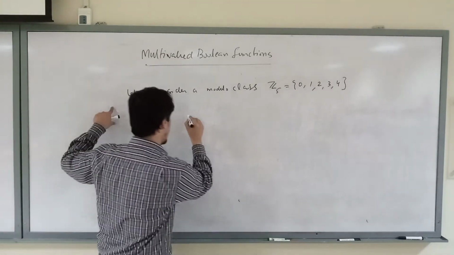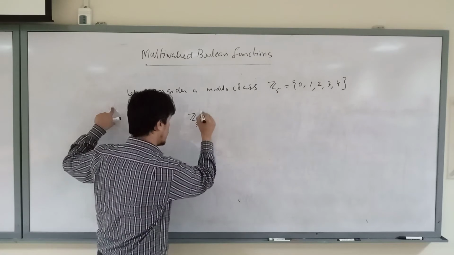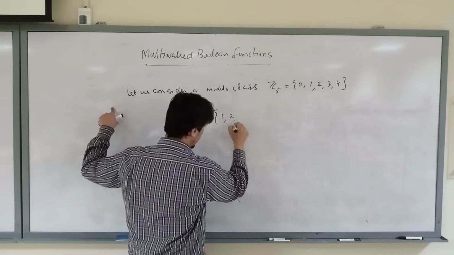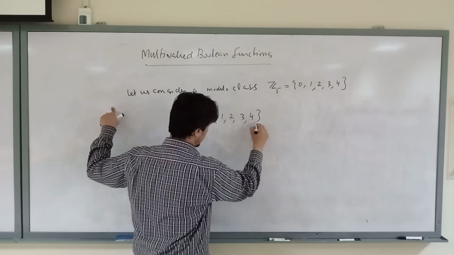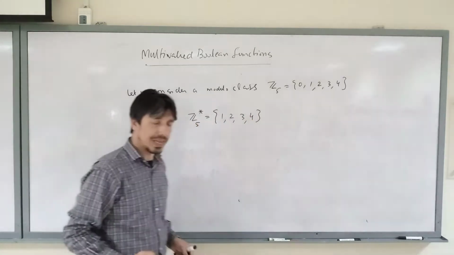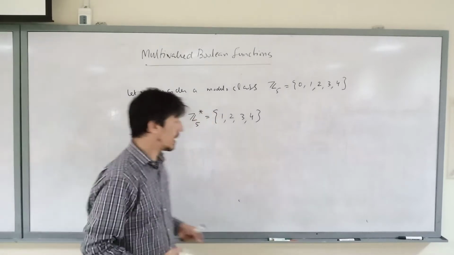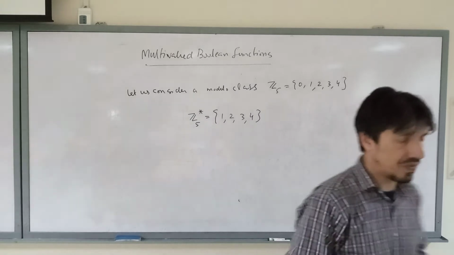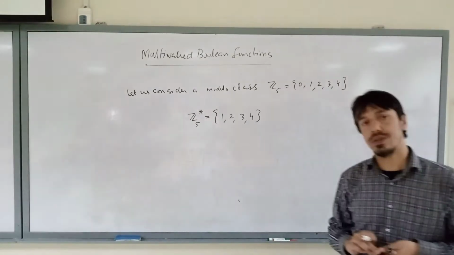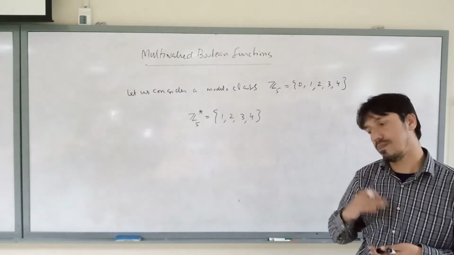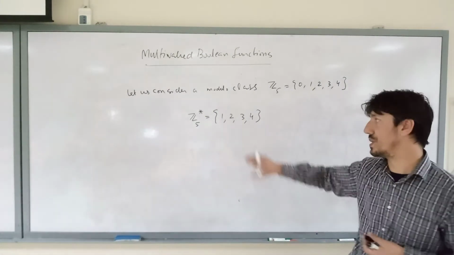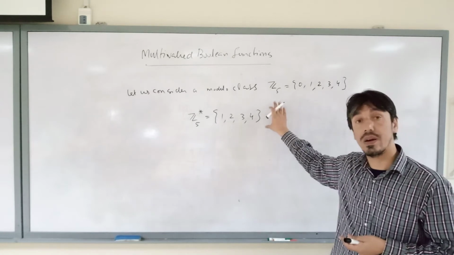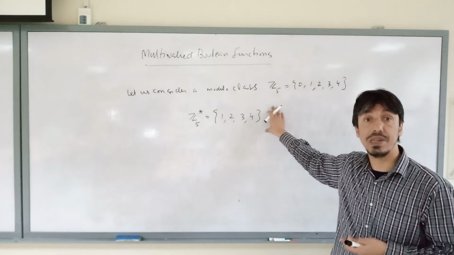And I take that modulo star, I mean to say excluding 0: 1, 2, 3, 4. So a primitive root, and I can call it a, if you take powers of the primitive element, it generates all the elements of the particular set. We call it a primitive element, and sometimes we call it a primitive root.